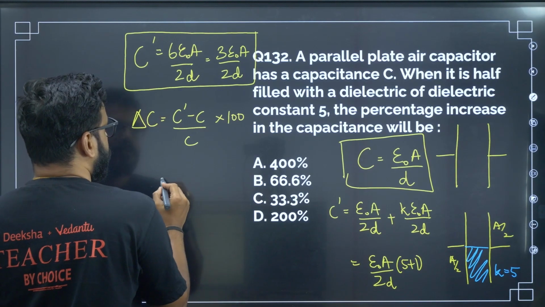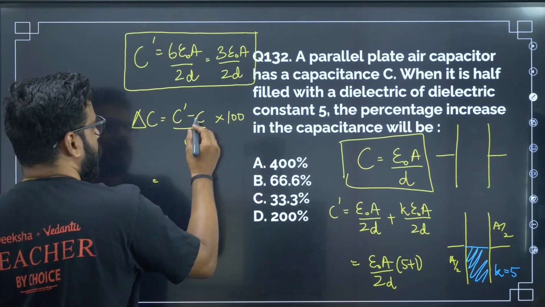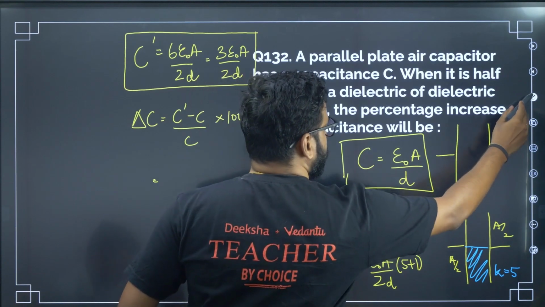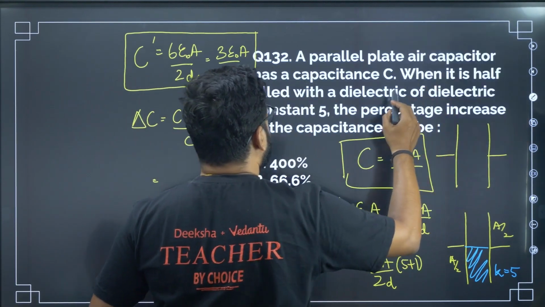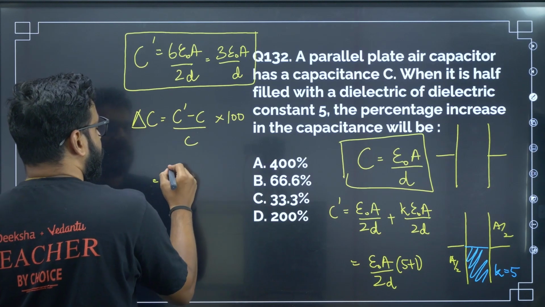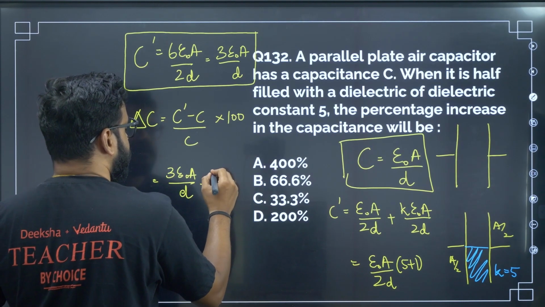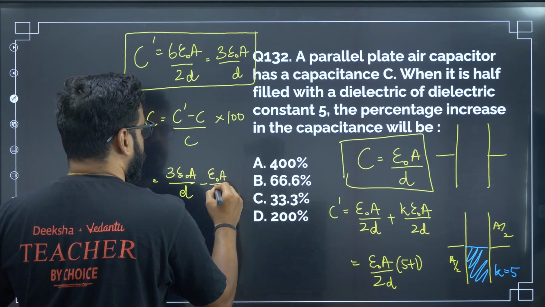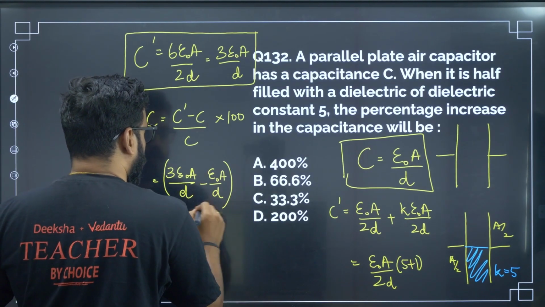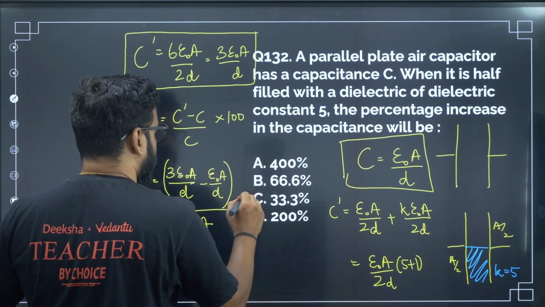The 2 is already gone, so we can take off the 2. So we have 3 epsilon naught A divided by D minus epsilon naught A divided by D, whole divided by epsilon naught A divided by D, into 100.